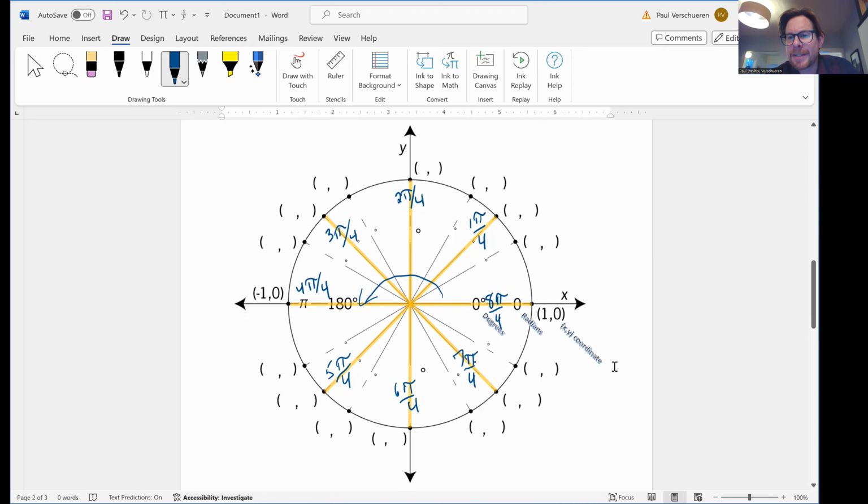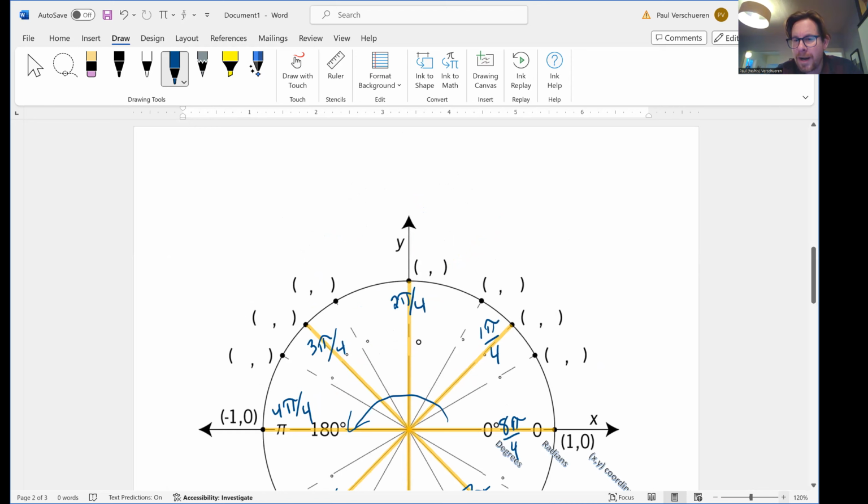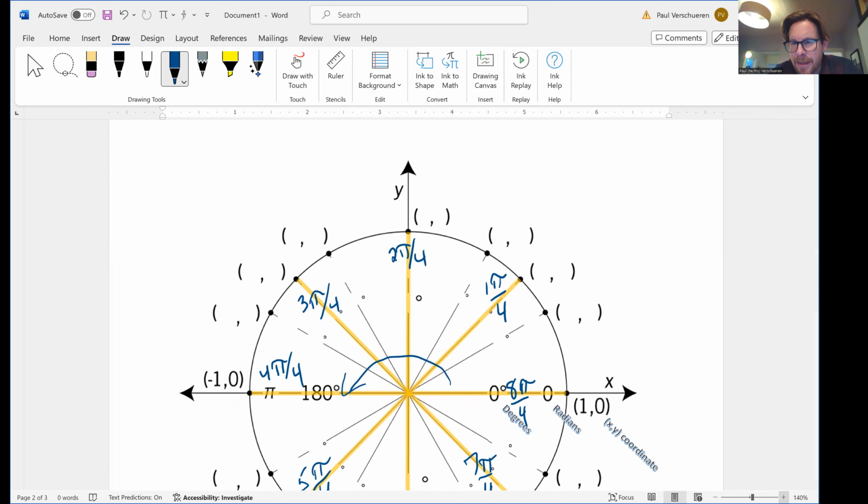Steve Kangas pointed out another thing: these XY values here, 1/2 and then square root of 2 over 2 and then square root of 3 over 2, might seem kind of random. There's a nice way to think of those numbers.